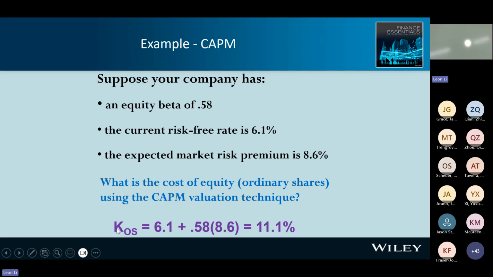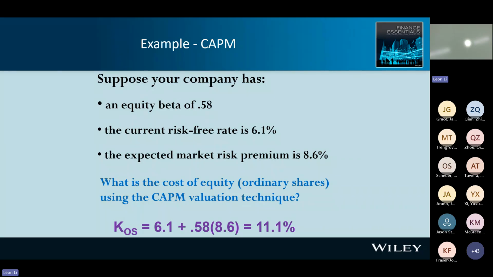So you can see the cost of ordinary share is the risk-free rate plus beta times the market risk premium. And this is the number, right? So for me, the calculation should be okay. I hope you remember the CAPM model.